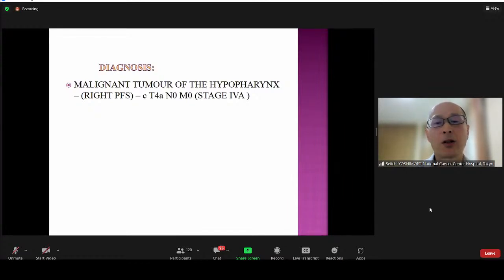I always explain to the patient about the treatment for such a case. For example, concurrent chemotherapy is the longest and narrow way to finish the treatment, but operation is the shortest and the widest way to finish the treatment.